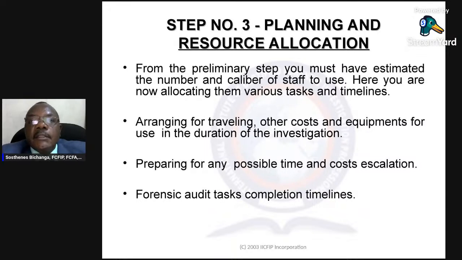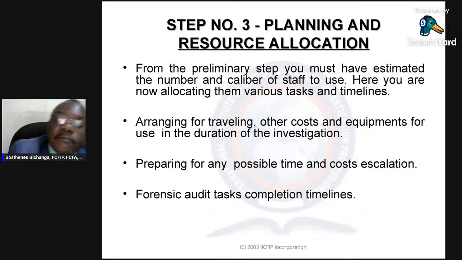Are we starting with several teams working at random, teams working abroad, teams working at various branches at the same time? Or are we going to start with a few branches? Once we are through, we go to the others. We have to agree the approach of the attack on the investigation on this step number 3.